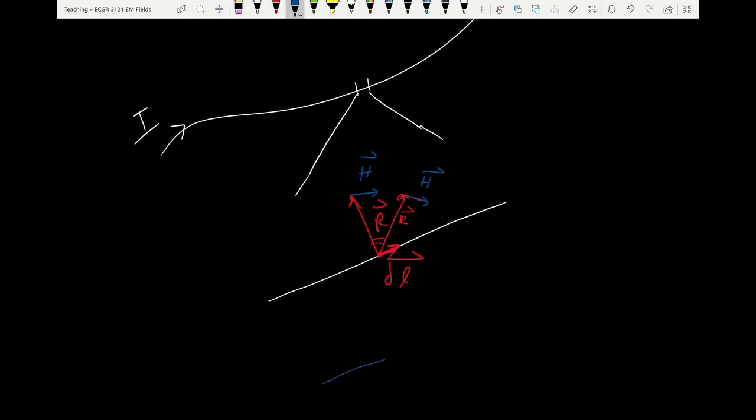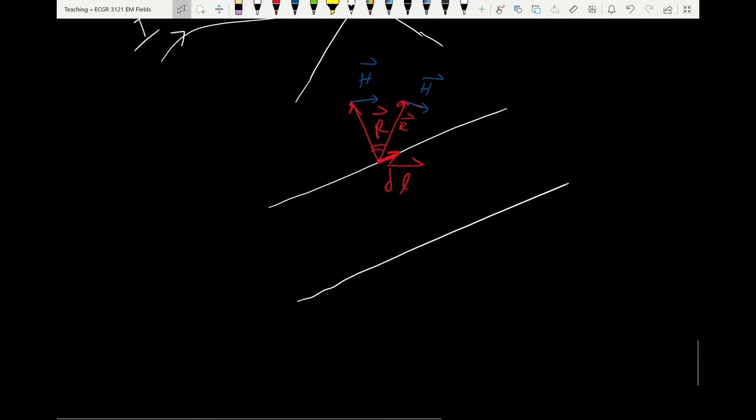Let me redraw it here. If you have a line like that with current flowing into it, if you rotate around the wire, you notice that the field H is rotating as you are rotating around the wire.